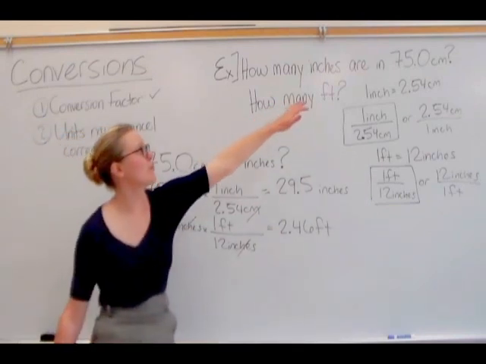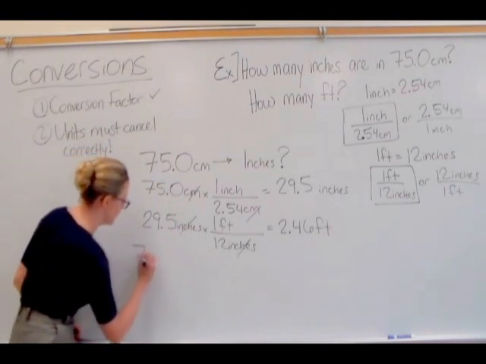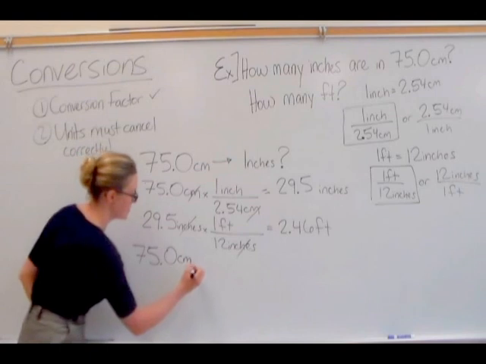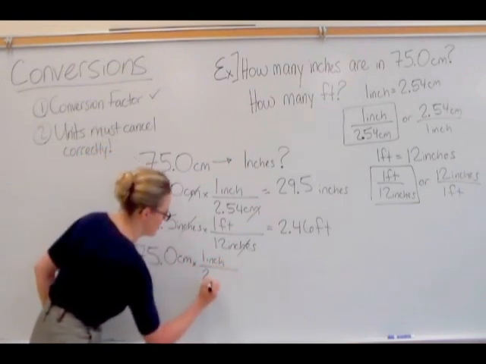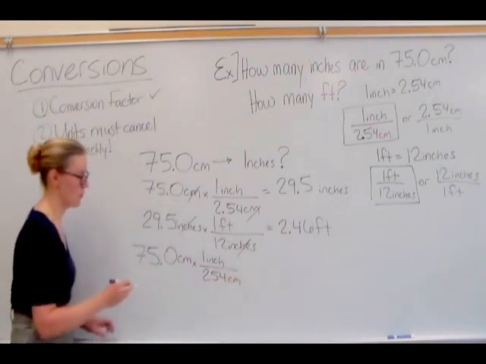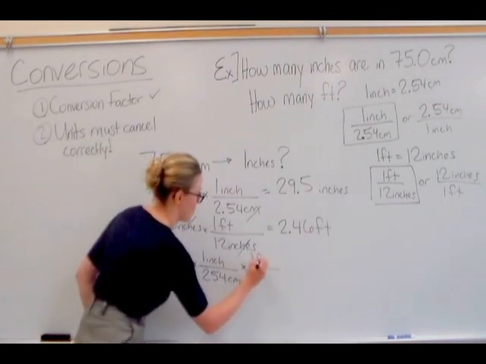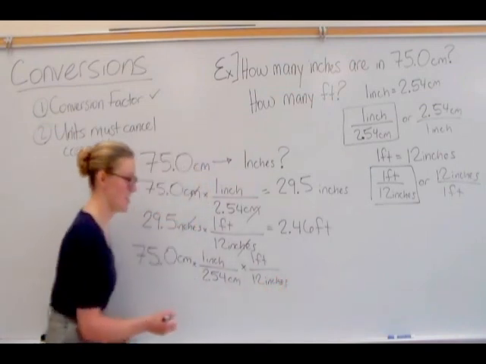If you wanted to go from centimeters to feet, we could do that all at once by saying 75 centimeters times 1 inch over 2.54 centimeters, and then multiplying that by 1 foot over 12 inches.